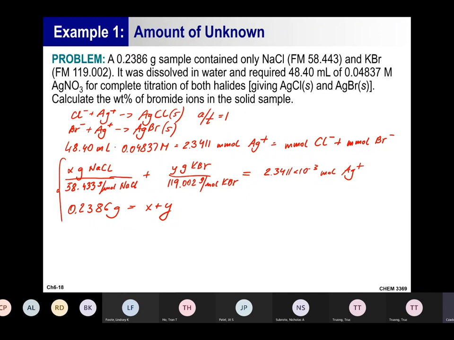So now we can calculate either X or Y, right? For example, from this second equation, the X will be 0.2386 minus Y, right?